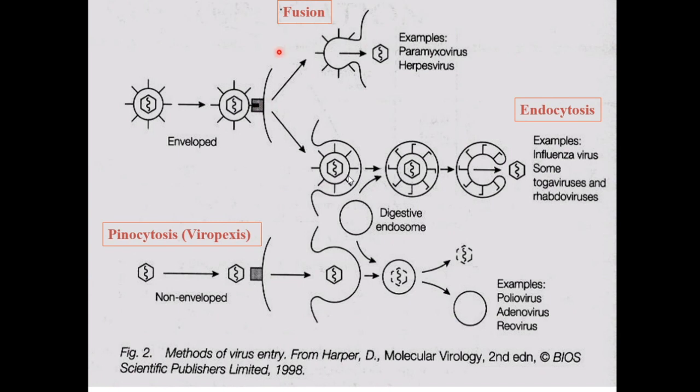Some other species do the endocytosis. For example, rhabdoviruses include the cause of rabies. Some of the species in here are able to fuse.